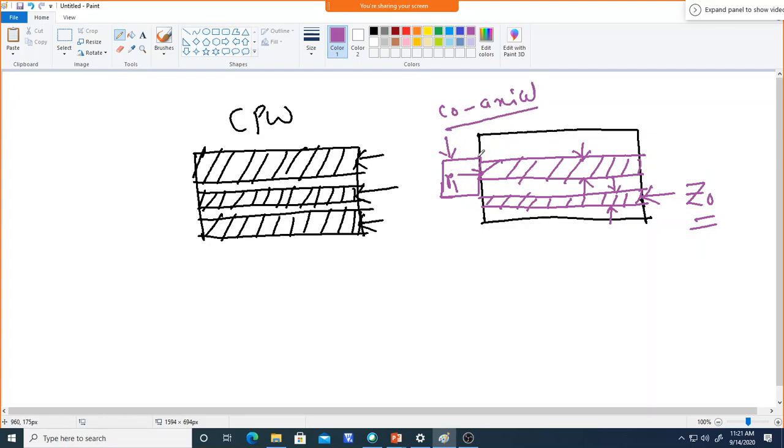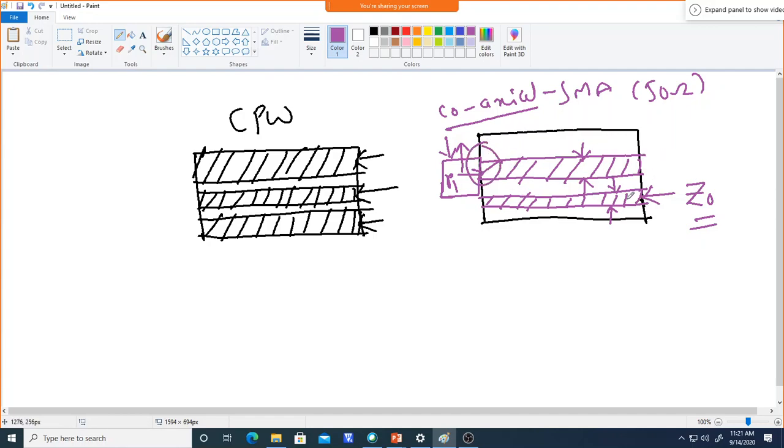The SMA connectors generally available in the market are 50 ohm, so that will be matched to this line. Then only the signal power will be transferred and maximally delivered to the other port. So this matching is very important.